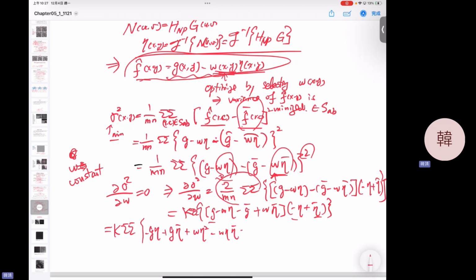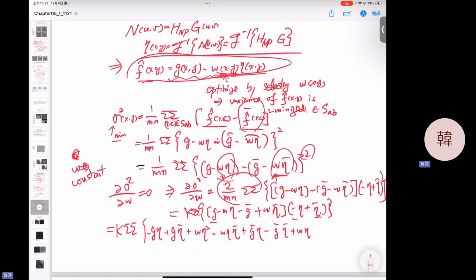Next thing is the positive G bar eta. Next thing is the minus G bar eta bar, and next thing is the W eta, minus, there's a negative there, W eta bar eta, and then plus W eta bar square. So you multiply out this one. Why do I do this? Because we are going to cancel out some terms.